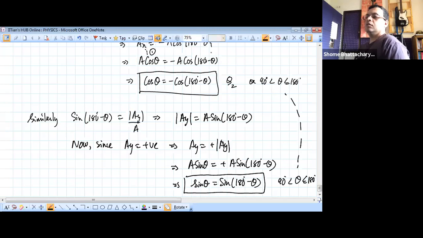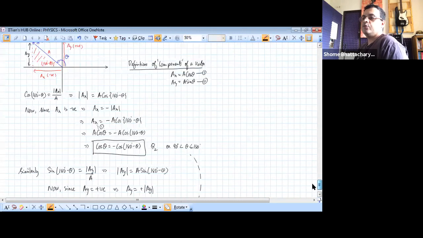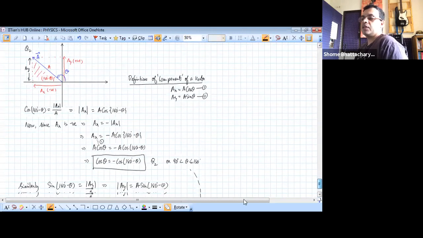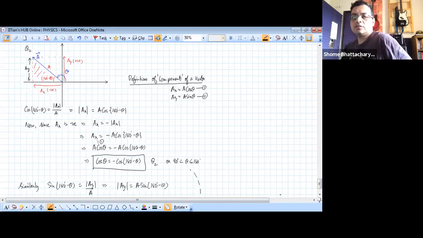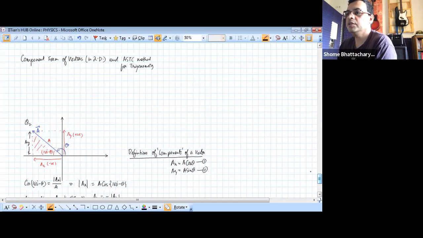Now this same method of logic we'll use for the third and fourth quadrant also, and that's how we'll understand that in third quadrant tan is positive, sine and cos are both negative, and in fourth quadrant cos is positive and sine and tan are negative. So just make a note as this. So make a note of the heading also, just to get the heading down.